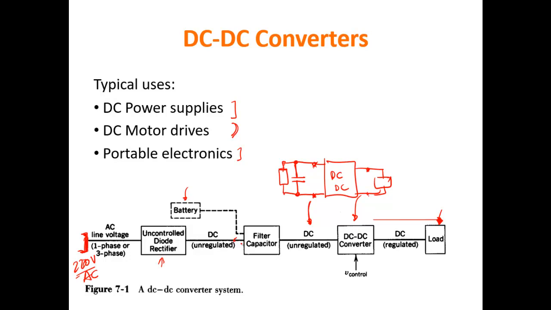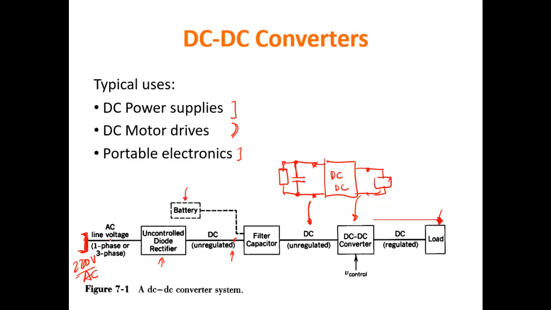This is a simple diode rectifier of the type that you have seen in the basic electronic class. Of course, also here you have a voltage that is DC, but is also affected by some ripple and is not regulated because it is proportional to the amplitude of the line voltage from which you start.